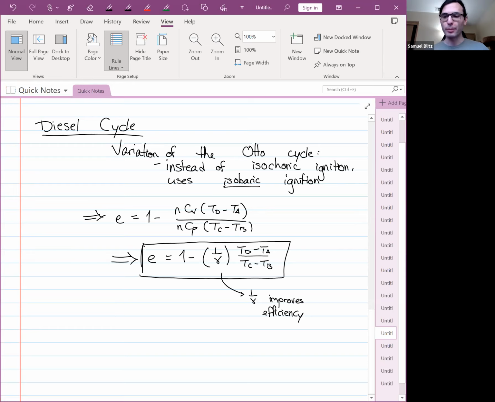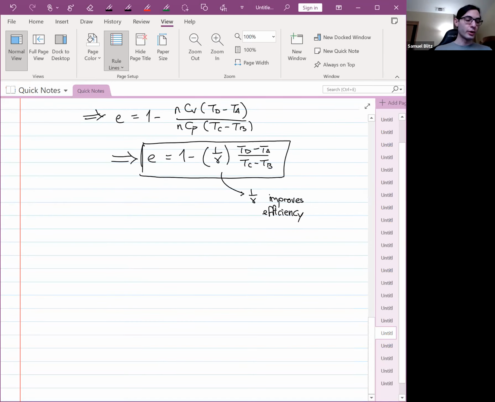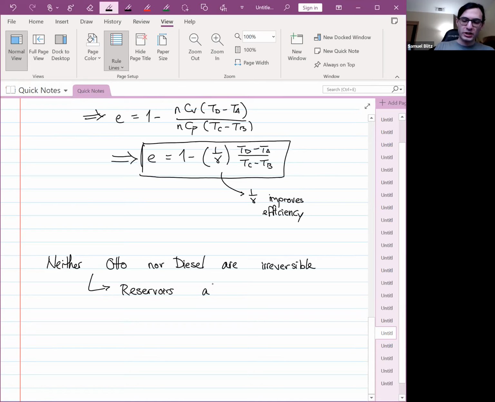Now, while both the diesel and the Otto cycle can be idealized as quasi-static, in the real world, neither the Otto cycle nor the diesel cycle is reversible. And one way to see that is that the temperature reservoirs are at different temperatures from the gases within the engine.